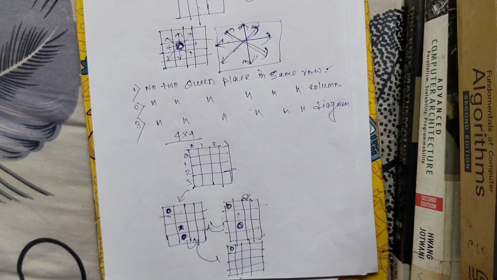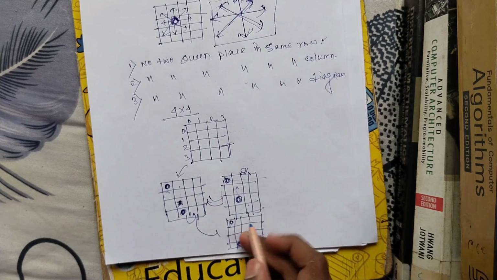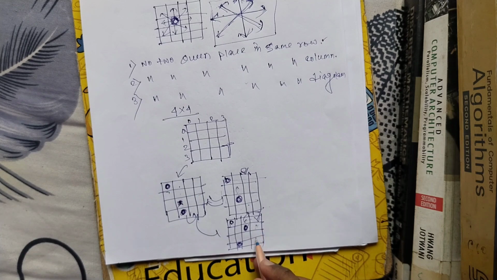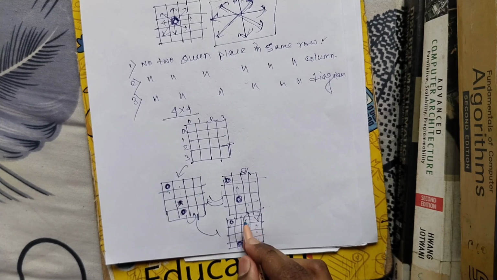So there is one queen, and there, no, this is the same row; there, yes, there I place. Okay, so I find it, and I come to the next column. I see that there, no, there, no, there, no, there, no. So I backtrack here.